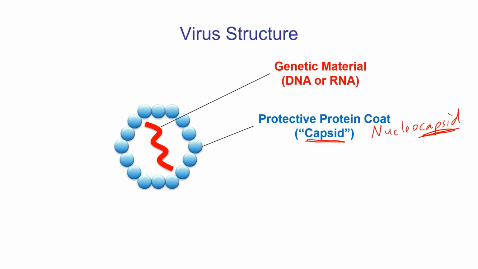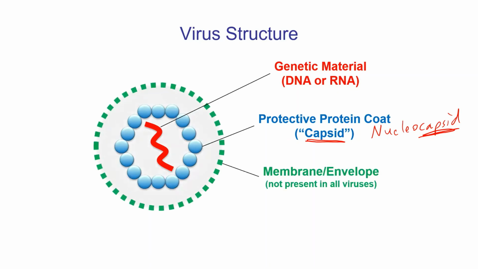But some are a little bit more complex. Some of them have kind of like a membrane. We actually use a different word. We use the word envelope. And this is not found in all viruses. This is what they might take on their way out. So when they're leaving their host cell, they might grab a phospholipid bilayer. It's not technically a membrane because it's not doing normal functions of a membrane.